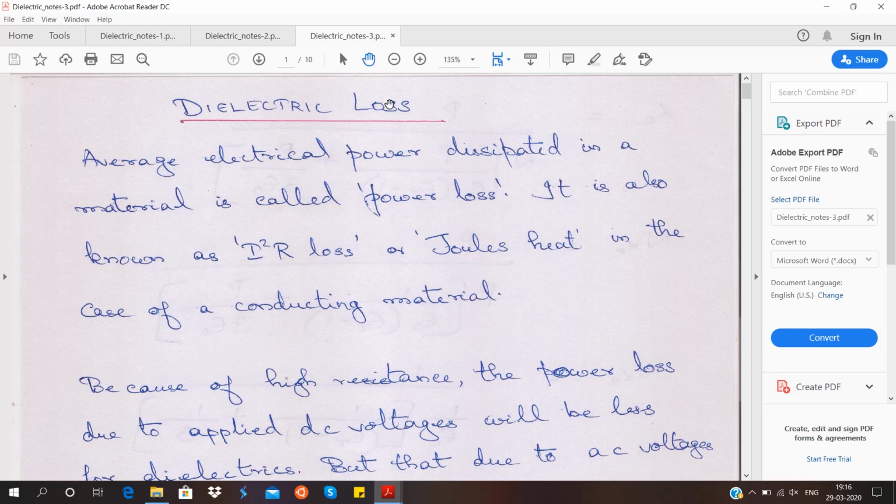So what is this dielectric loss? Any kind of energy being dissipated or absorbed is called energy loss. We have heard of something called power loss, whenever there is a dissipation of power. This is in the case of a conducting material.